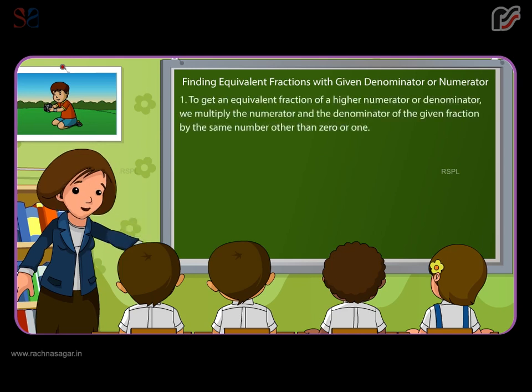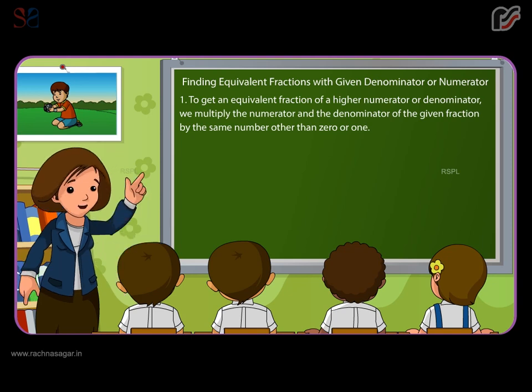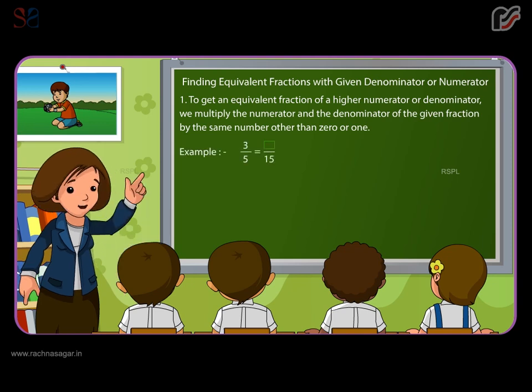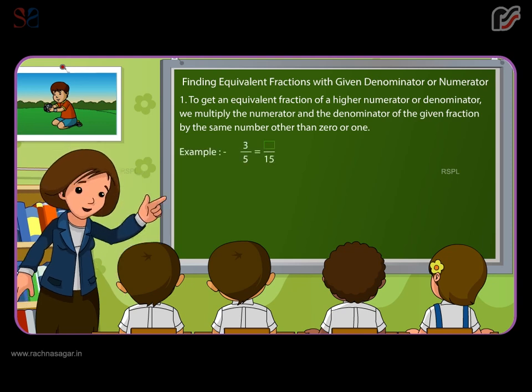1. To get an equivalent fraction of a higher numerator or denominator, we multiply the numerator and the denominator of the given fraction by the same number, other than 0 or 1. Here, we need to find the equivalent fraction of 3 upon 5.